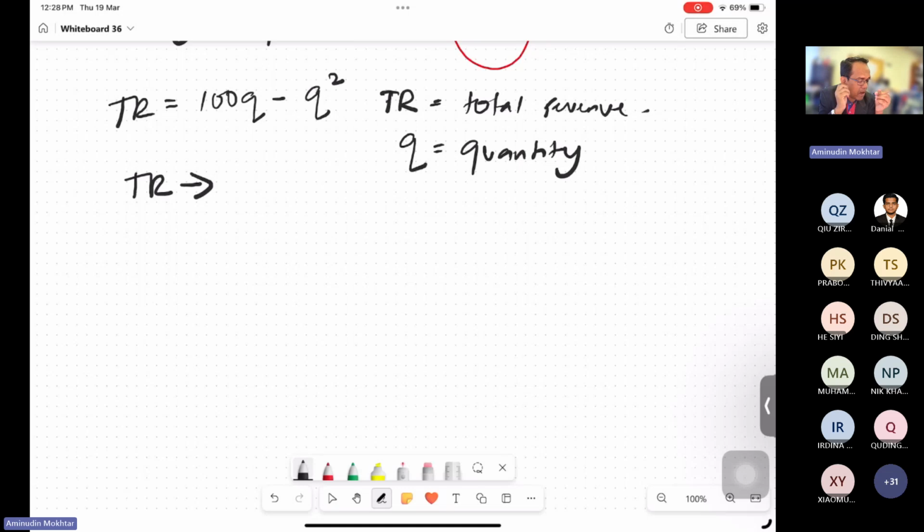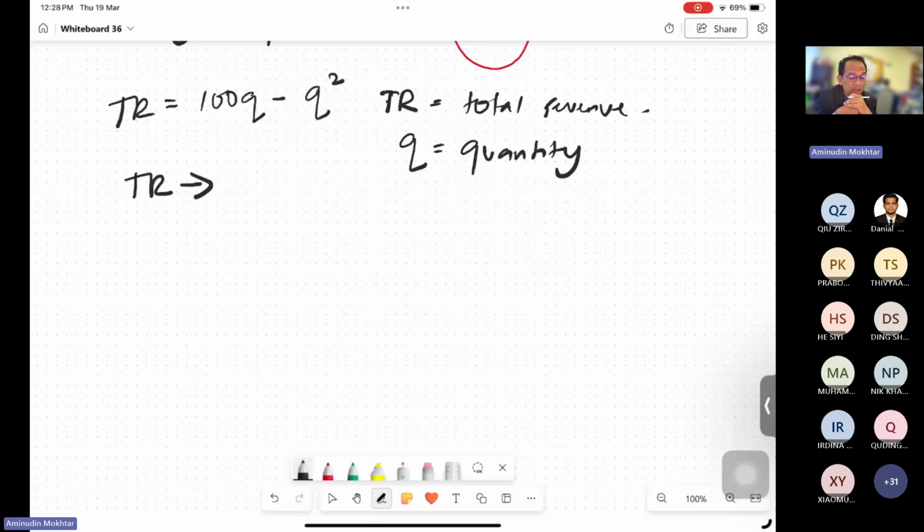And then we will apply that concept, total revenue, total cost, and so on. I will show you how to apply the mathematical concept, mathematical theory, in total revenue, total cost, or any other economic function.